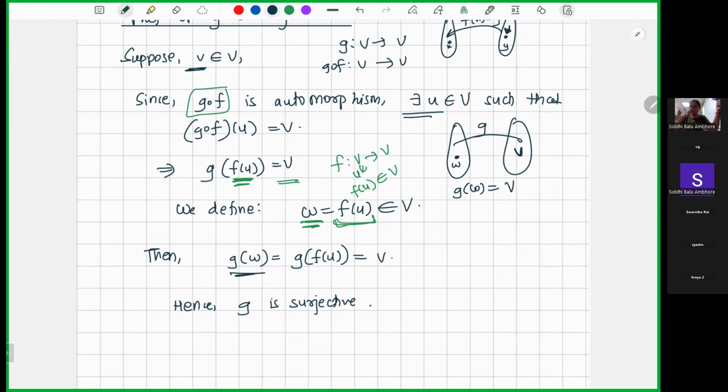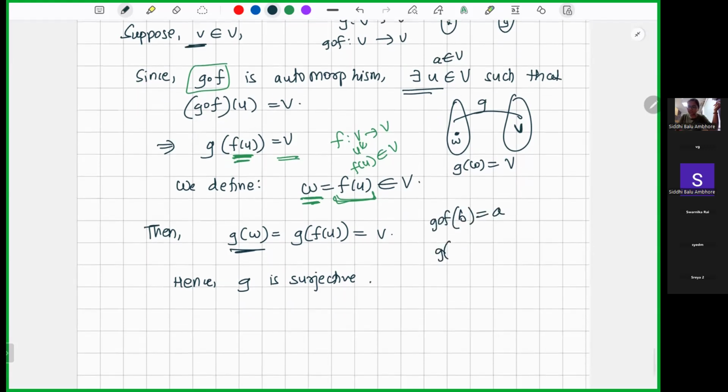For example, suppose I have some A in V. Then there will be some B such that G composed F of B is A. But then G of F of B is my A. So I set C to be F of B such that G of C is A. What I'm doing is finding the pre-image of G composed F, which exists because G composed F is given as an automorphism.